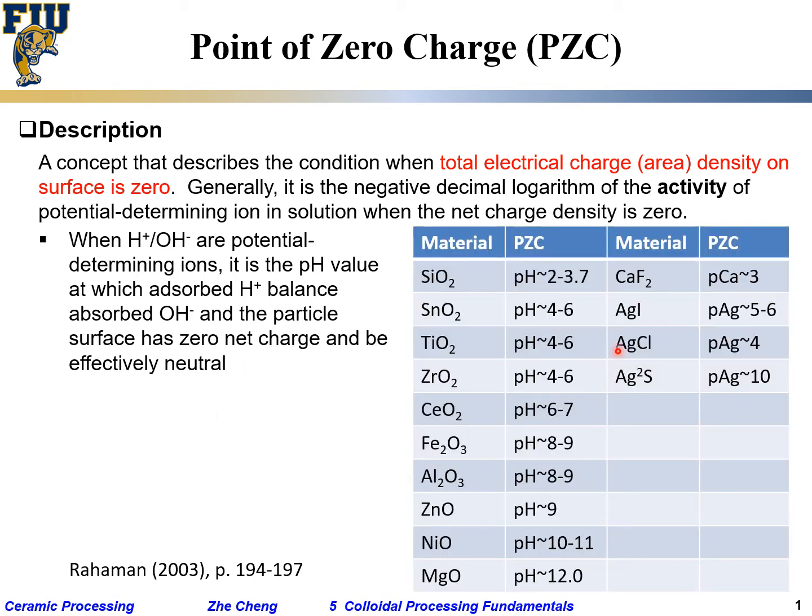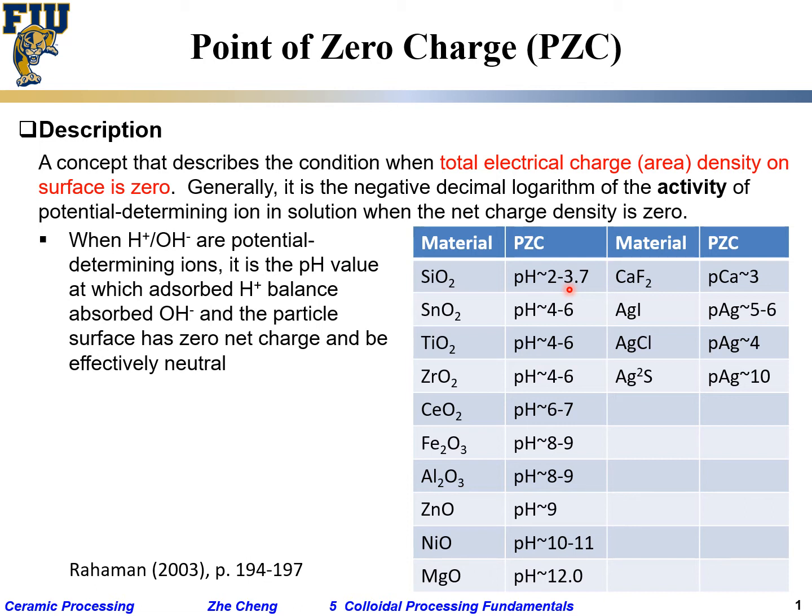So this table gives the so-called PZC for several different ceramic powders in aqueous solution. As we see, for certain materials like silicon dioxide, the PZC is below 7. That means what? Acidic, right?